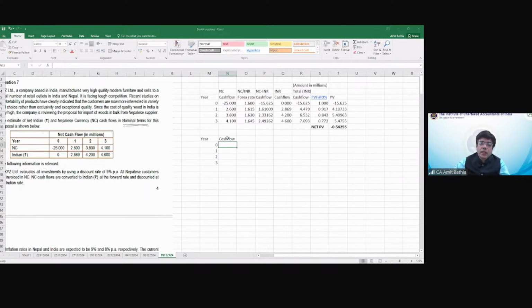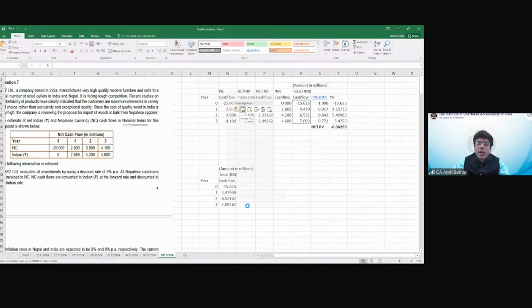Did we already calculate the total cash flow? Have we already calculated the total INR cash flow? Yes. What is my total cash flow? So I can just copy paste it from here.